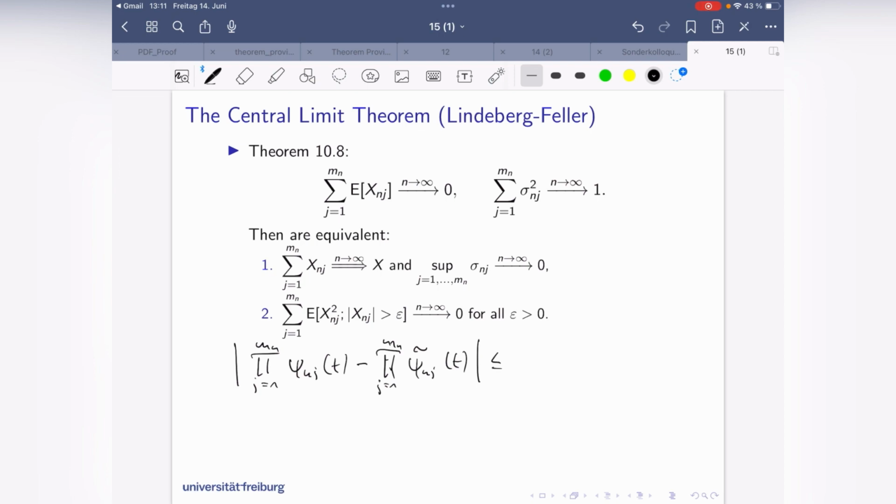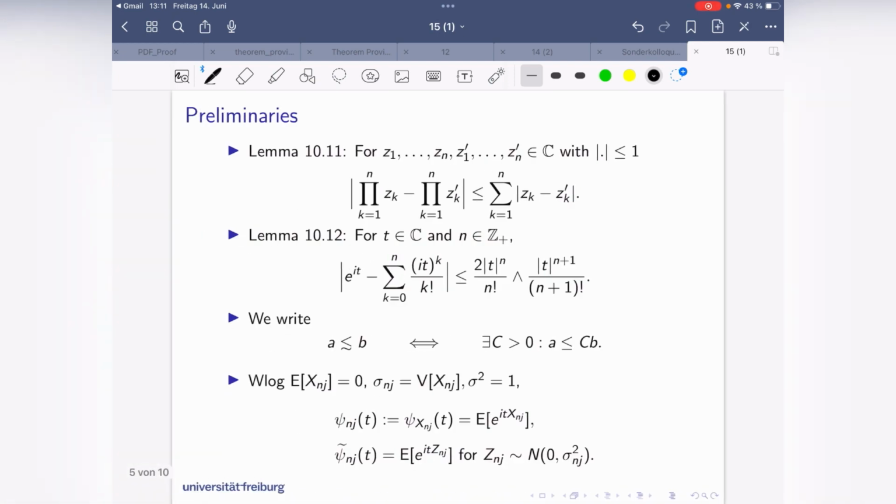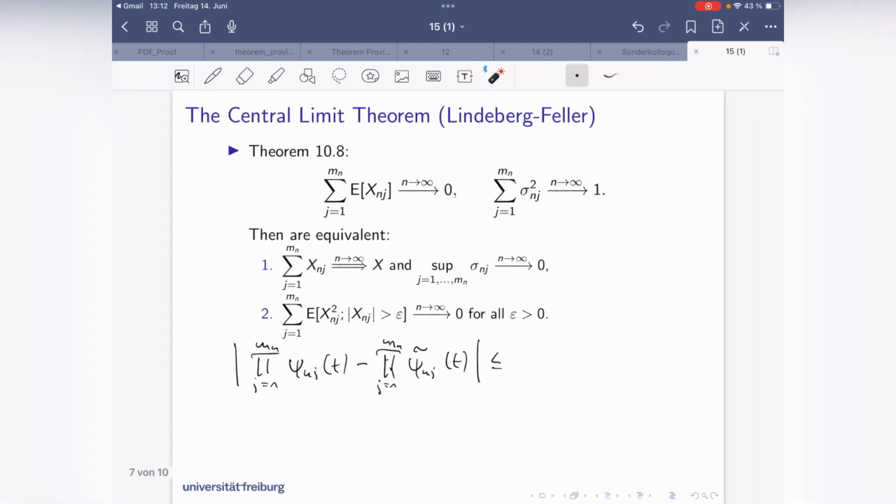First of all, we had the first preliminary result that the difference of the products is bounded from above by the sum of the differences. So this here is less or equal than the sum of psi nj of t minus psi nj tilde of t. And I'm using a trick now, which is writing something in between here, subtracting and adding again, and then splitting the absolute value.